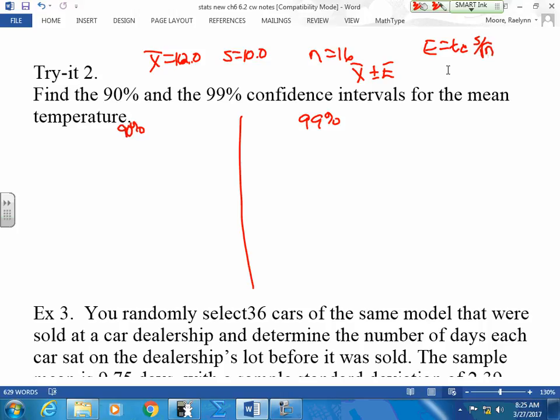We're going to see if that same rule applies that applies to your Z-scores. If the confidence level changes, your interval changes. Some of you got this backwards. Okay?